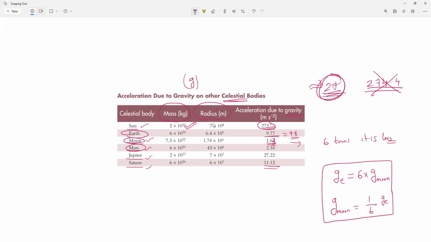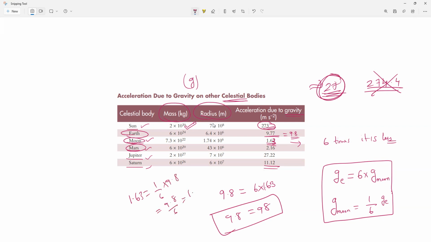Gravity of Earth is 9.8, which is equal to 6 times the gravity of Moon, 1.63. If you multiply it, you will get it. Or the gravity of Moon is 1.63: 1/6 into 9.8. If you do 9.8 by 6, you will get 1.63 again.